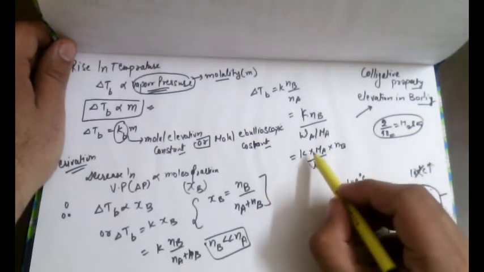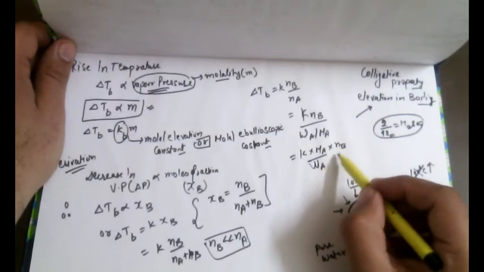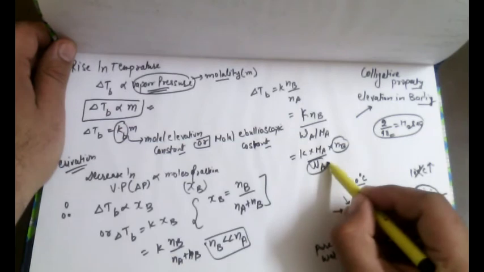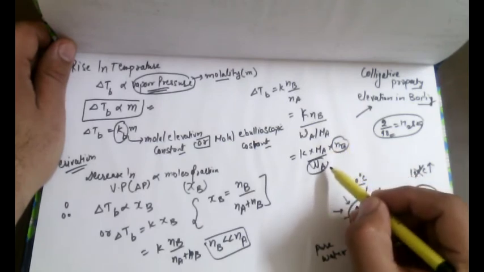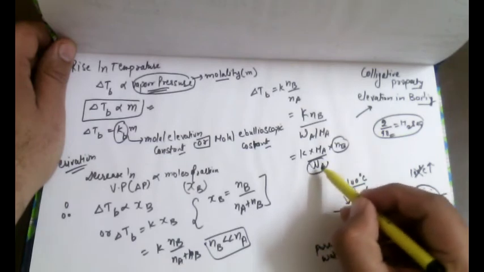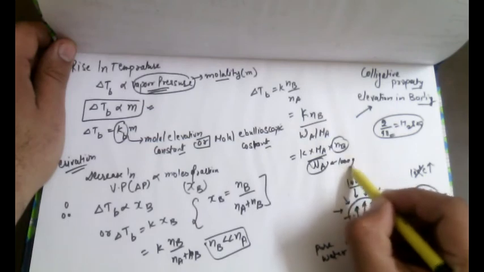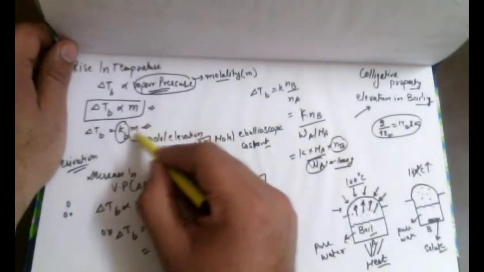If NB is the number of moles of solute dissolved in 1000 gram of solvent, then NB over WA, with WA as 1000 gram, will be the molality.